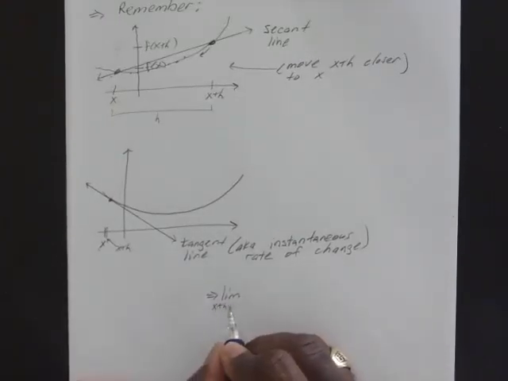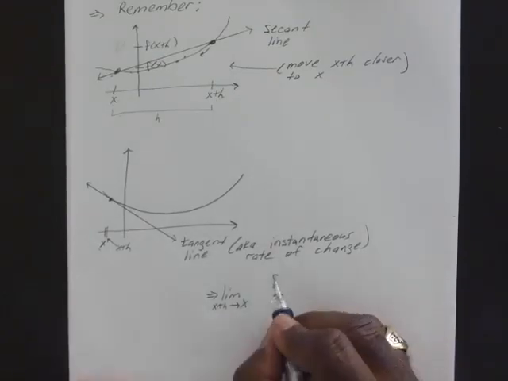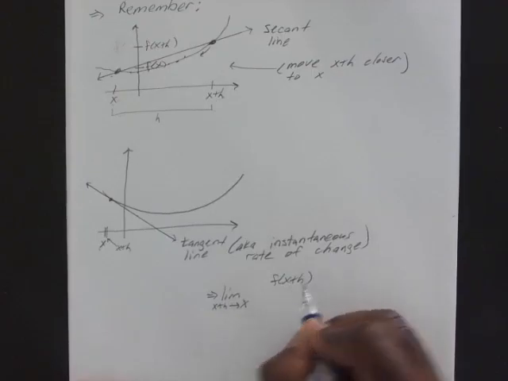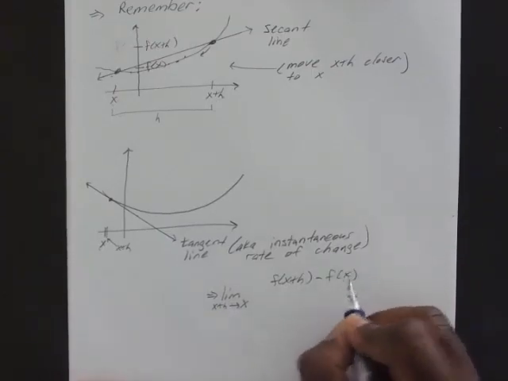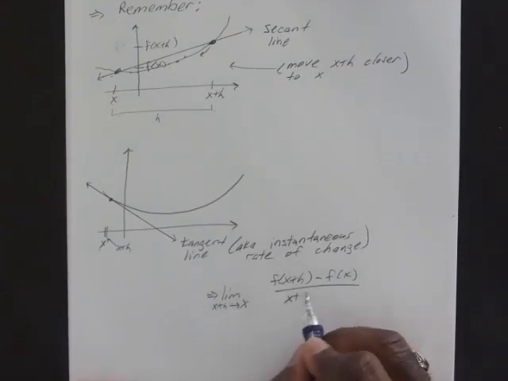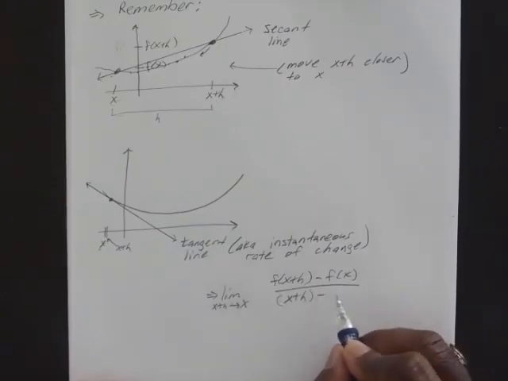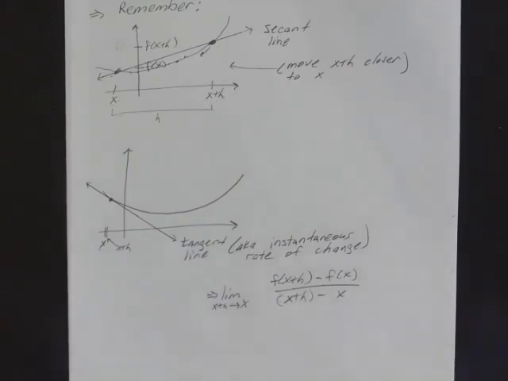So x plus h is going to approach x of f of x plus h minus f of x all over x plus h minus x. Remember, that's just your difference quotient.